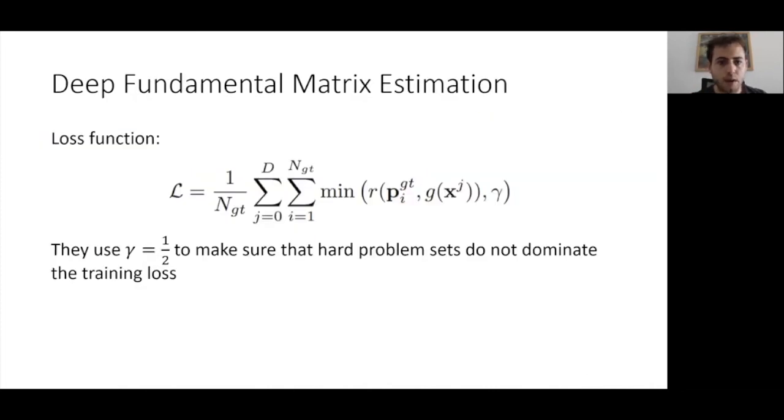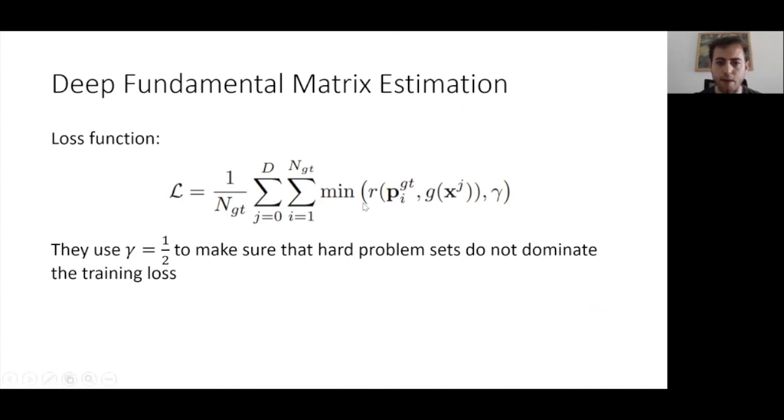Okay, so the loss function uses the ground truth correspondences in order to give a loss for the estimated fundamental matrix after all this forward pass.